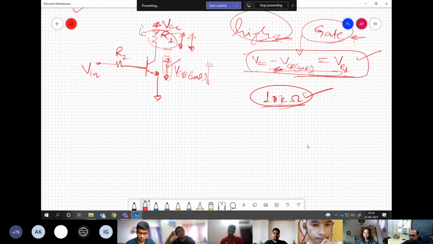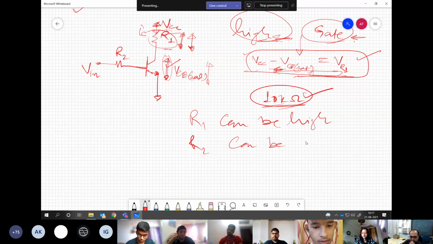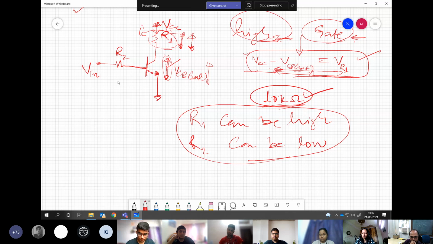So how do we start choosing this R1 and R2? R1 can be high, sir, and R2 should be low. Okay. R1 can be high and R2 can be low. This is your normal understanding, saying that we want some more current over here, so R2 should be low.